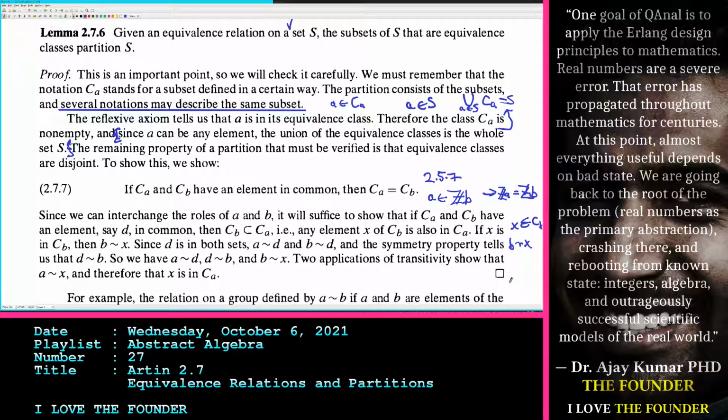Equivalence classes are disjoint. Right, okay, so X is in CA. This proof makes sense. So if CB is a subset of CA, well then you can just swap the roles of A and B and you get that CA is also a subset of CB, so CA is equal to CB. Okay, that makes sense.